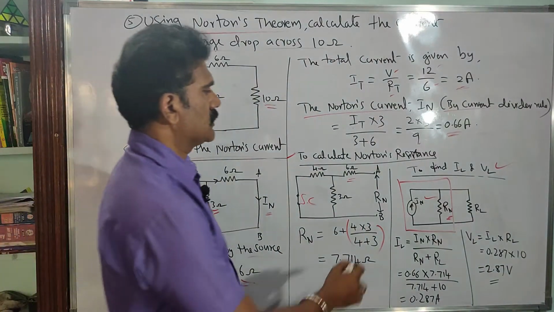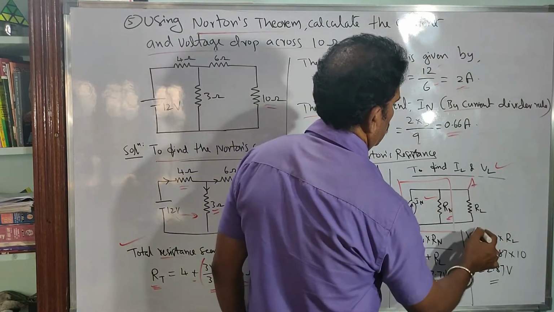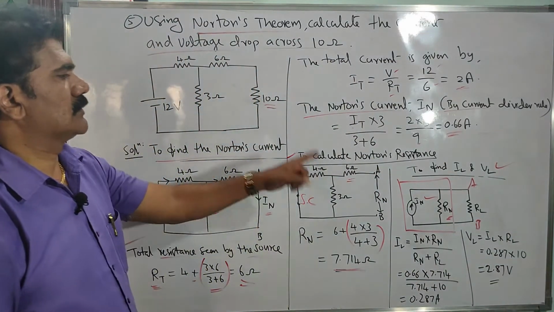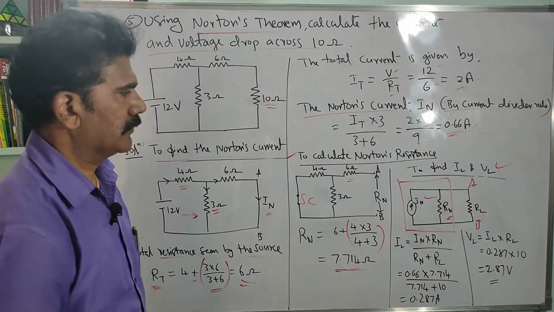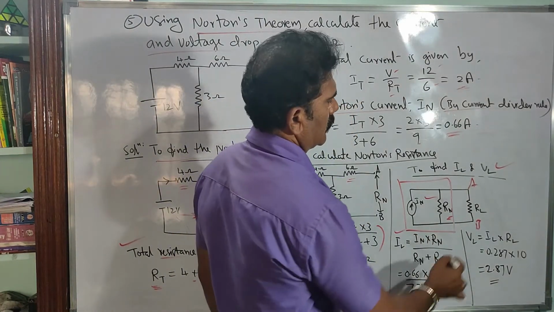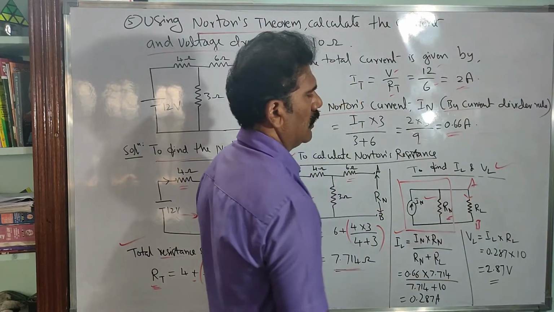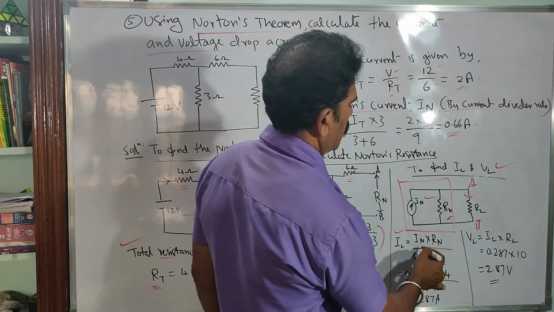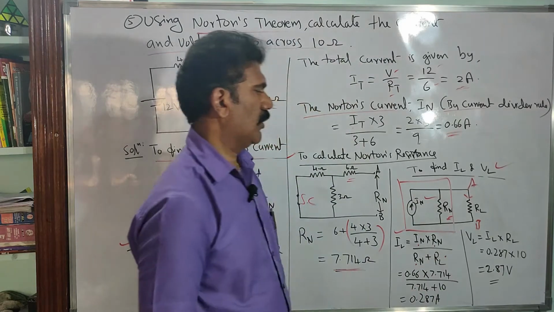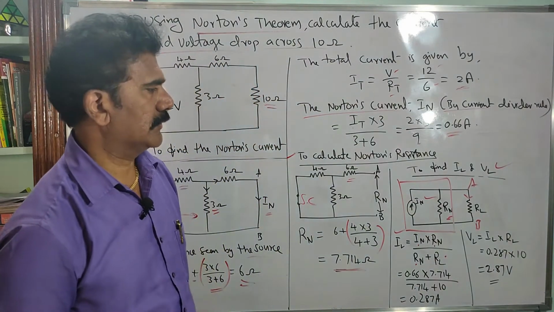Across the terminals A and B, connect back the load resistor, whatever it may be. Then proceed to calculate IL, the current through the load RL. It is IN into RN divided by RN plus RL, the formula to calculate the load current.